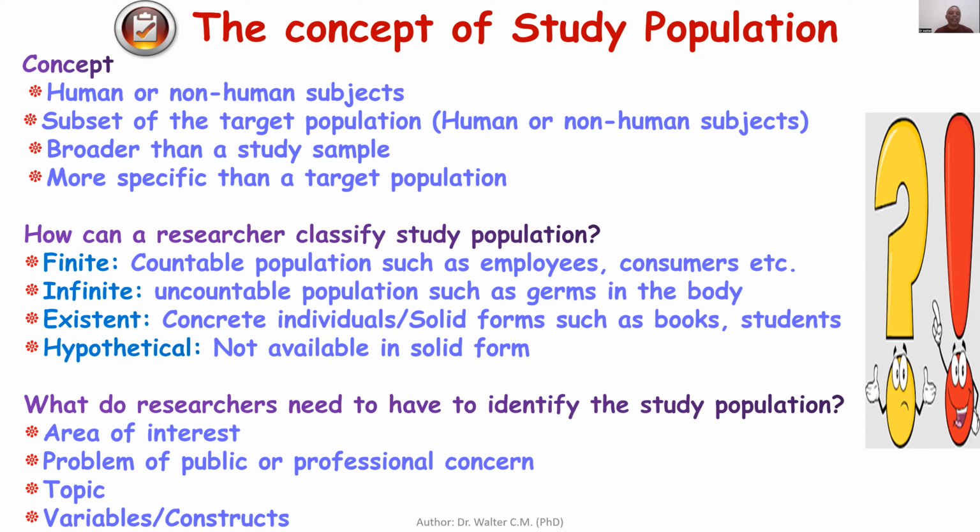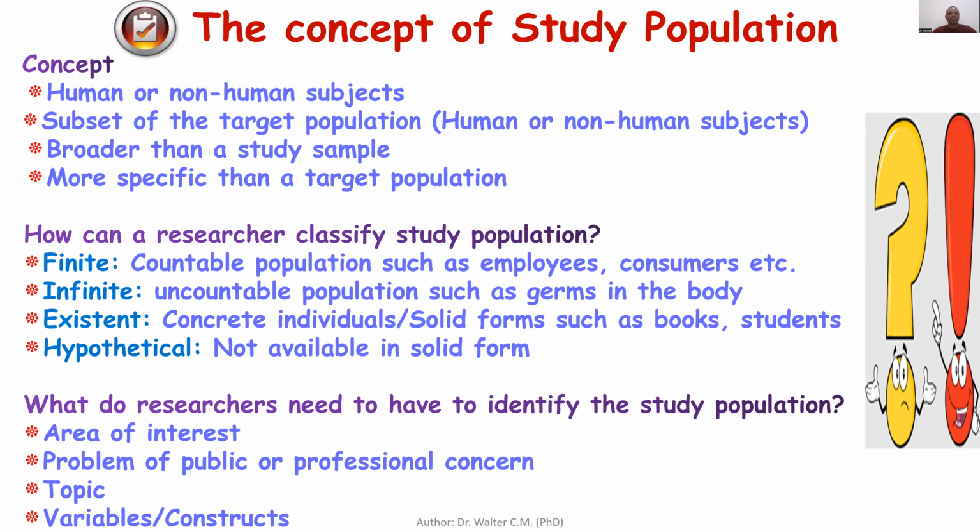Even the variables or constructs provided in the research title may direct your reader to see whether your study population is appropriate for the topic or not. Those are some of the issues you need to consider to make an appropriate decision: what exactly is my study population based on the topic of my study?